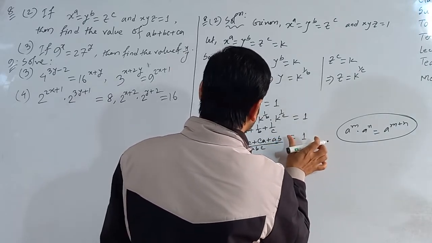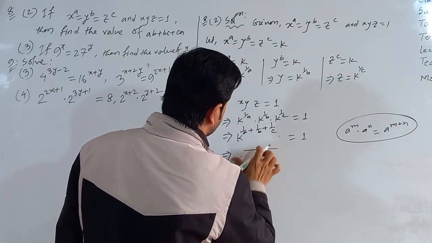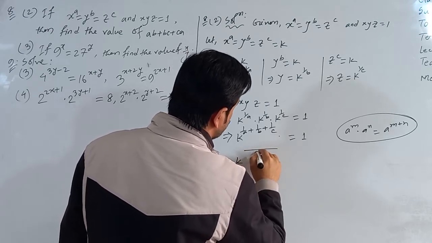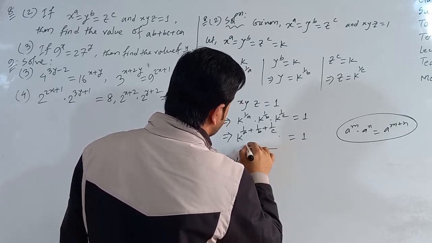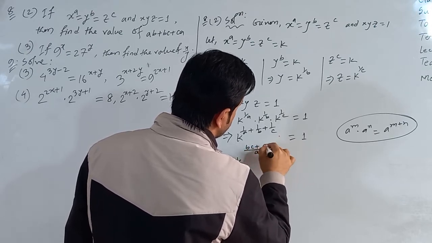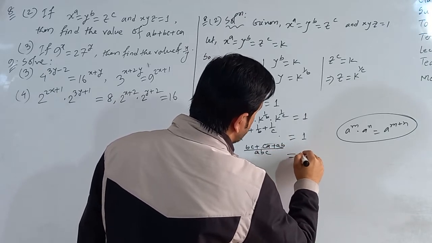So this is equal to, we need to keep some space here, BC, CA, AB. So now this is equal to 1.